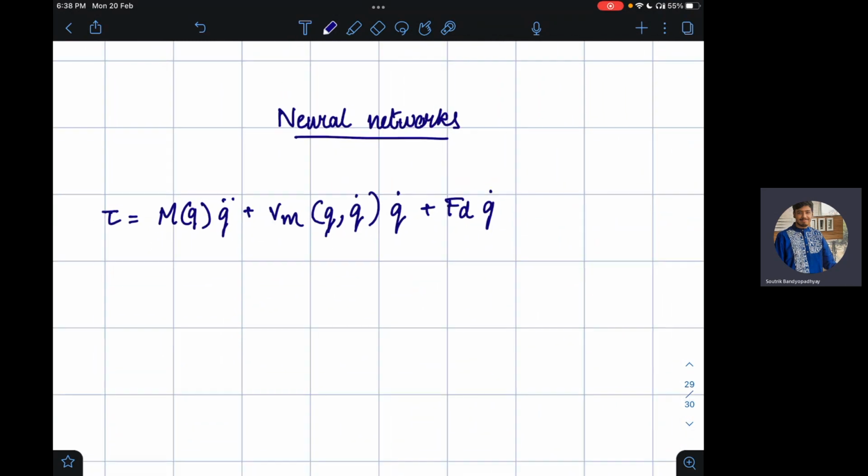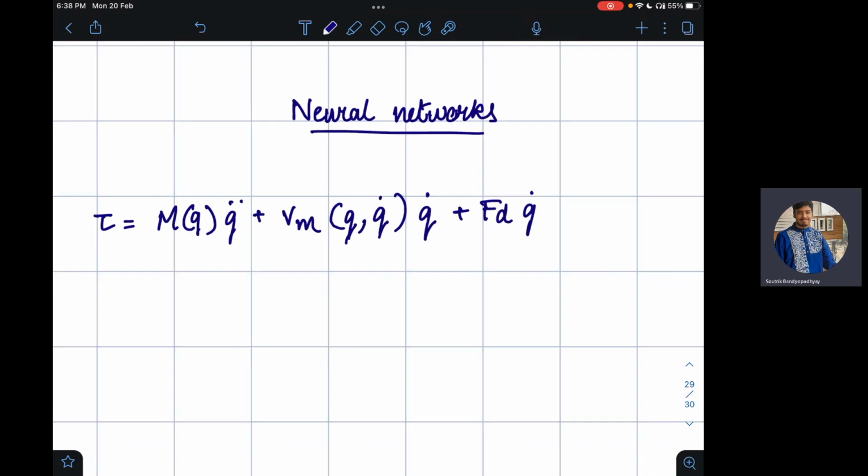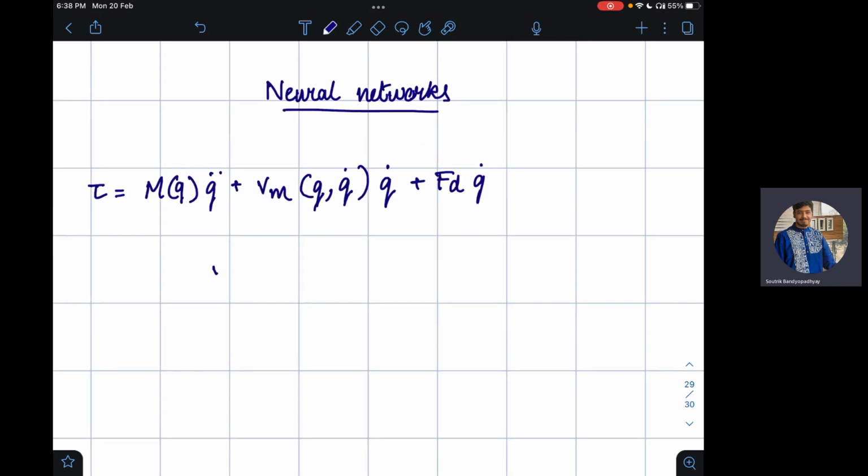Now, as you have seen in the earlier lectures, this is often referred to in the linear in parameter form, right? So you have some unknown parameter theta, and a regressor.